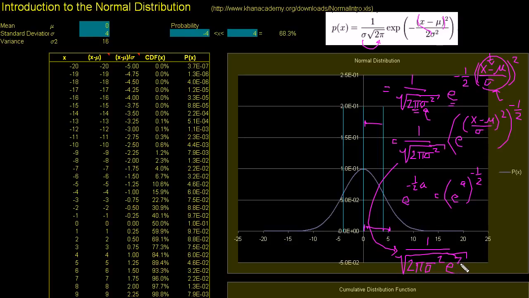If we say z is this thing in here, how many standard deviations we are from the mean, then all of a sudden this becomes very clean: 2 pi times our variance, times e to the number of standard deviations we are away from the mean, squared. You take the square root of that thing and invert it, and that's the normal distribution.